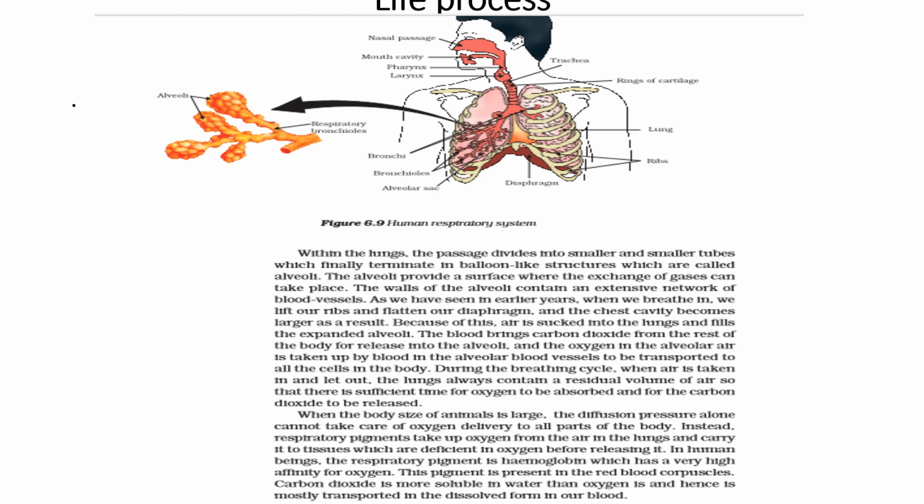Inside the lungs, loop-like or bag-like structures are present at the end of all the small tubes, and they are called alveoli. Alveoli have the ability to trap the gases, and you can see here the bronchi. Bronchi are the branches of the trachea, and just outside the rib cage and lungs they have protecting rings of cartilage.